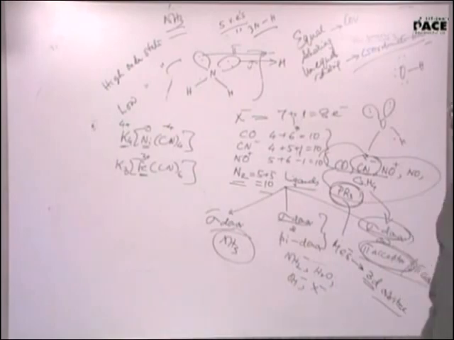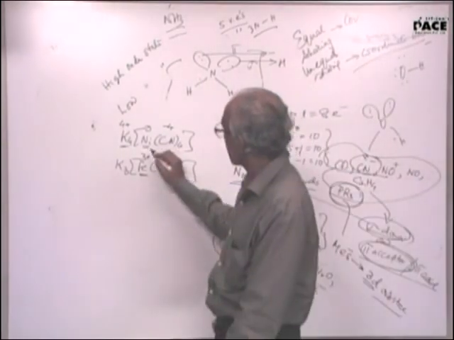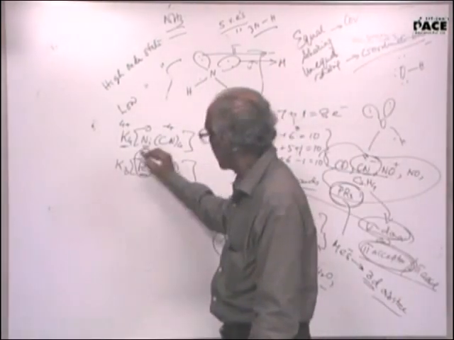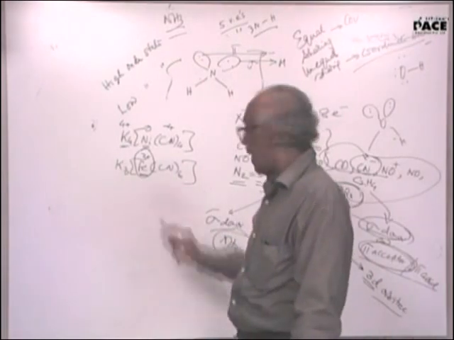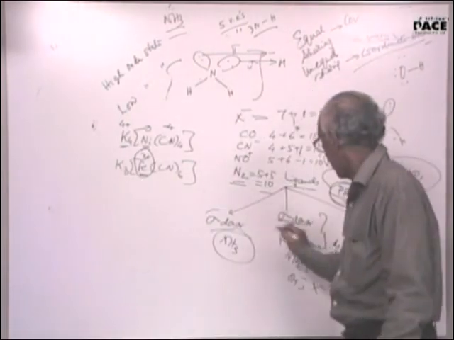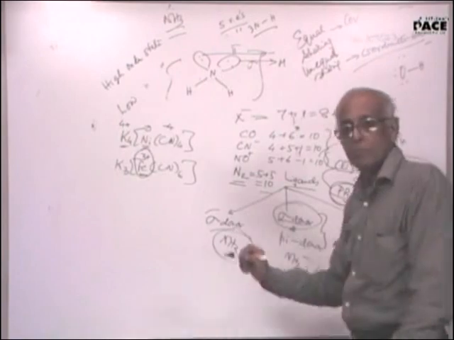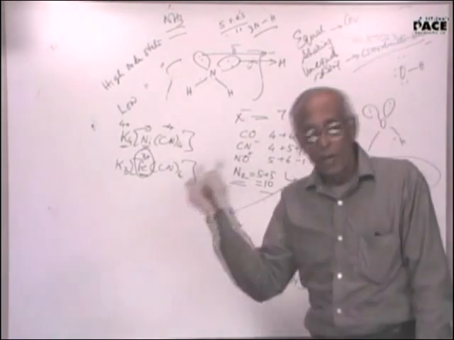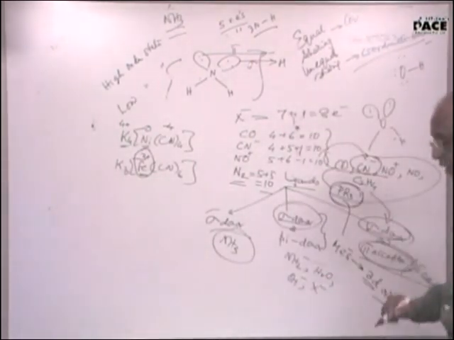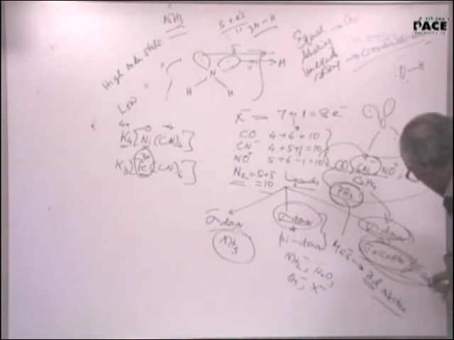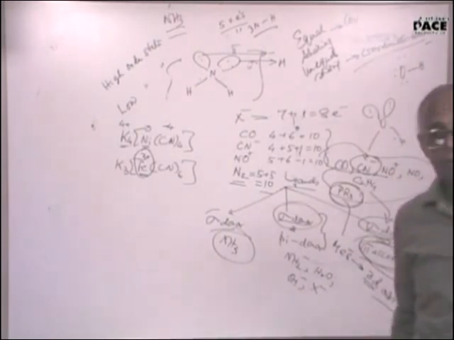When it stabilizes higher oxidation state, its role is more as a sigma donor. When it stabilizes the lower oxidation state, its role is more as a pi acceptor.